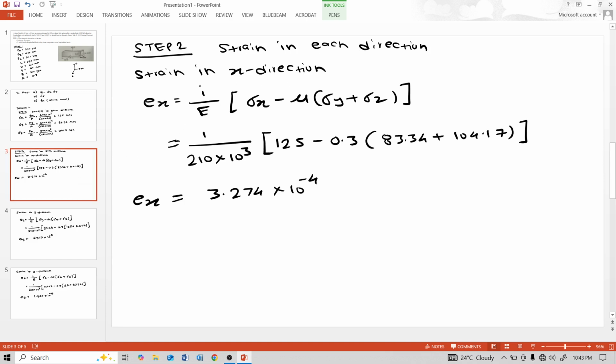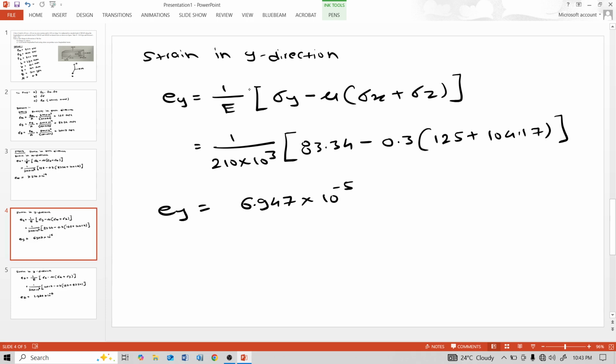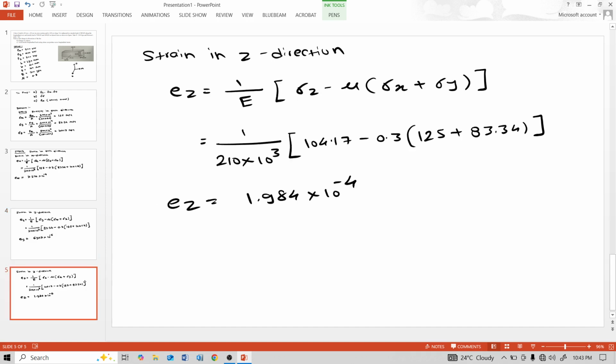Strain in each direction: strain in x direction is 3.274 into 10 raised to minus 4, strain in y direction is 6.947 into 10 raised to minus 5, and strain in z direction is 1.984 into 10 raised to minus 4.